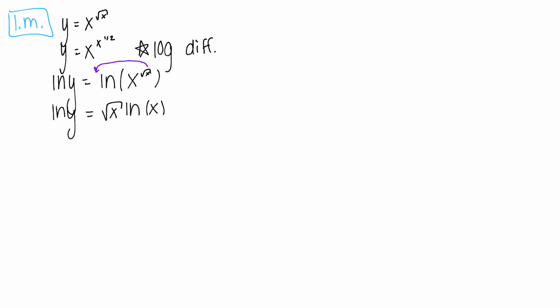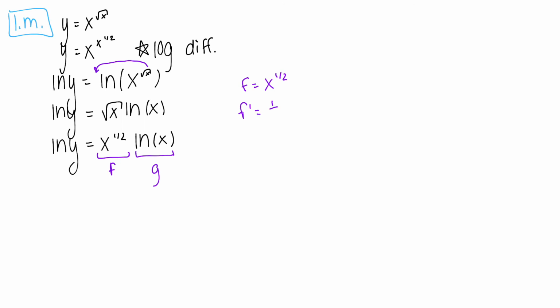And now you can rewrite that. So it's x to the 1/2 ln x. This is going to require product rule. So we have an f, we have a g. F is x to the 1/2. F prime is 1/2 x to the negative 1/2. G is ln x. G prime is 1 over x.